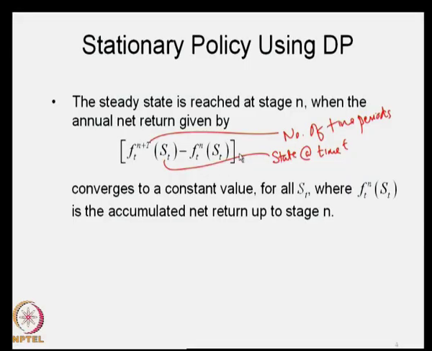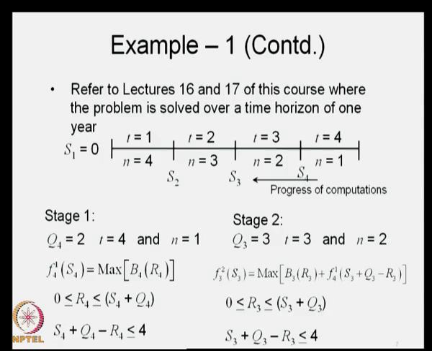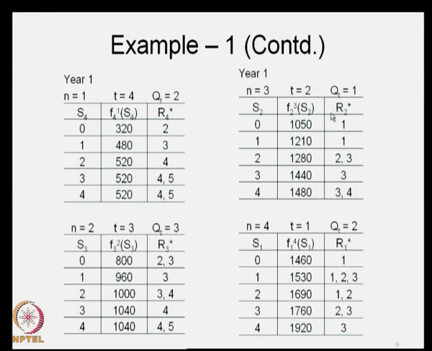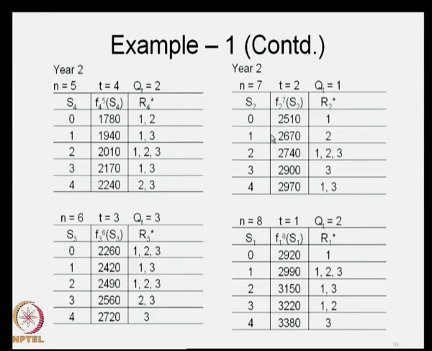If this annual system performance measure remains constant as you change n, your capital T is the same, but as you change n, if this system performance measure remains constant, then the steady state is reached. Let us examine what happens after we solve for 5 years here.